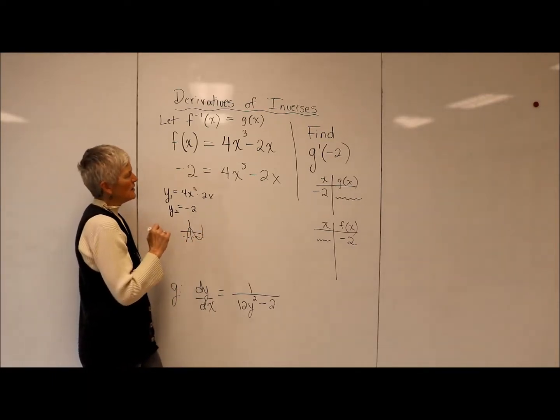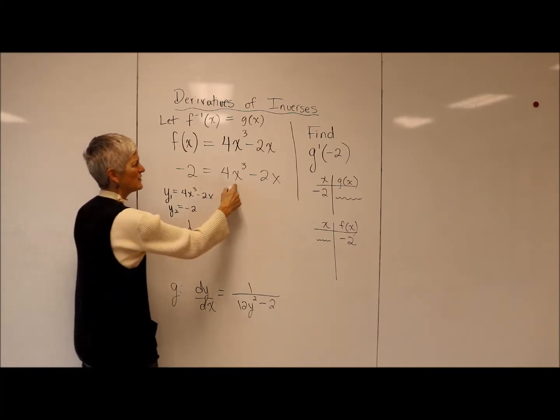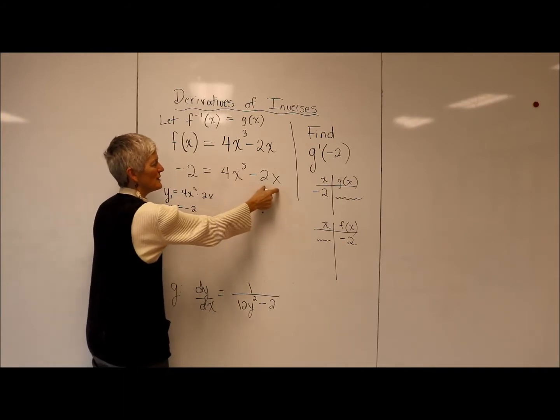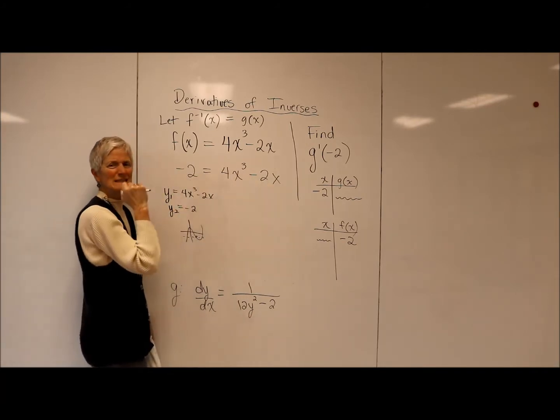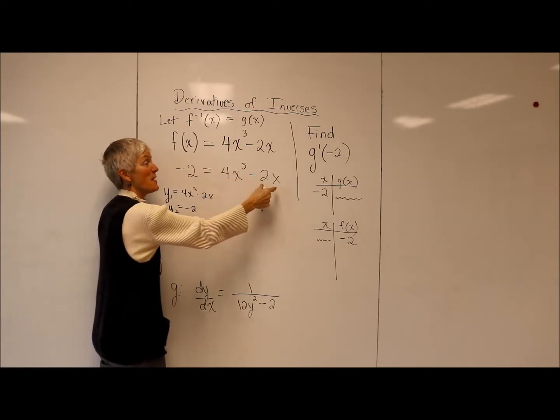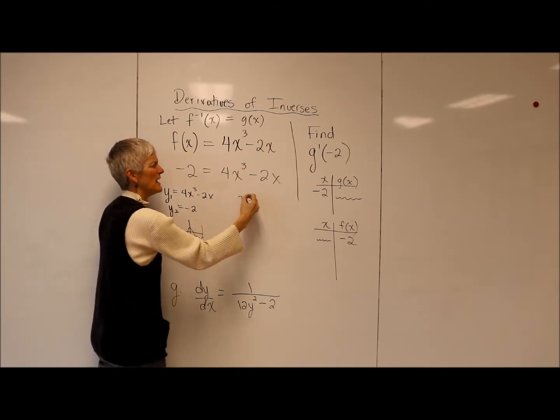But I think we could probably just figure this out using our head. What x value, if I have 4 times x cubed minus 2 times x, gives me a negative 2? Let's see, if this is a negative 4 and that's a positive 2, that's going to work. Wouldn't x equal negative 1 work?